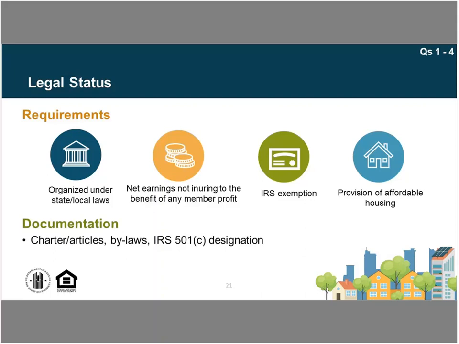Obviously, the documentation we're looking at will be things like their charter, their bylaws, their articles of incorporation, their 501(c)(3) designation. Those legal documents should be submitted by them to the PJ, and the PJ should have copies in their records to be able to back this up.